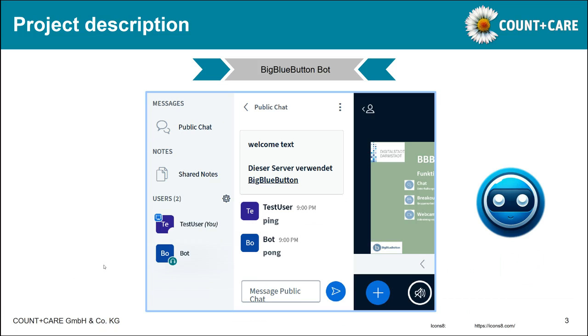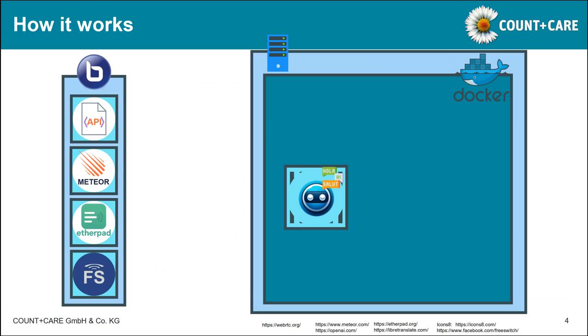I will start right away with how I implemented this into BigBlueButton. I created a graphic. On the left side, you can see BigBlueButton with 4 interfaces which we need to communicate with. So my BigBlueButton-Bot can use all functionalities a user can also use, like the chat, listening to the audio and writing something in the shared notes and stuff like this.